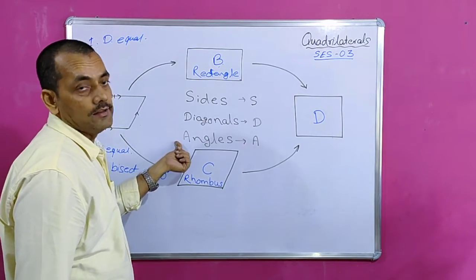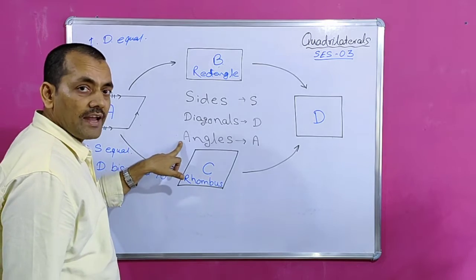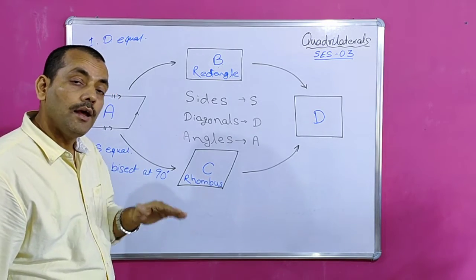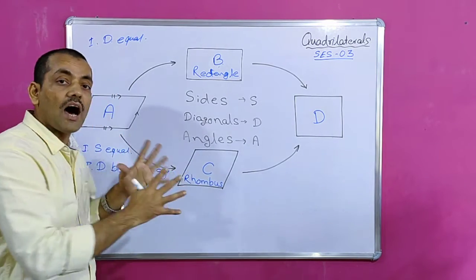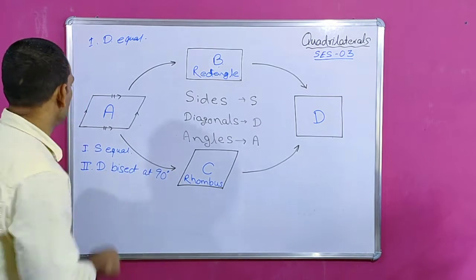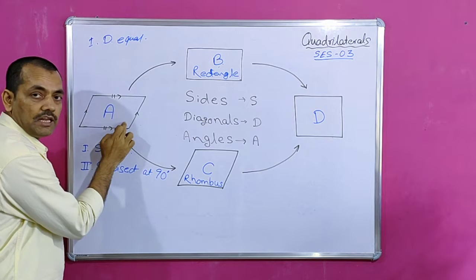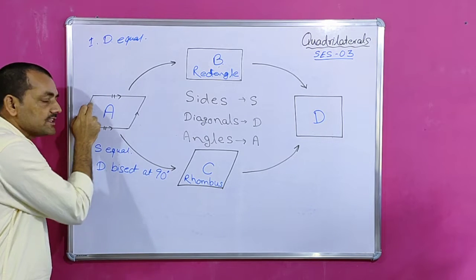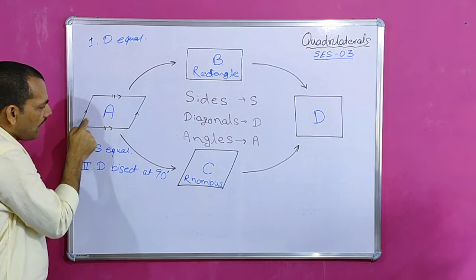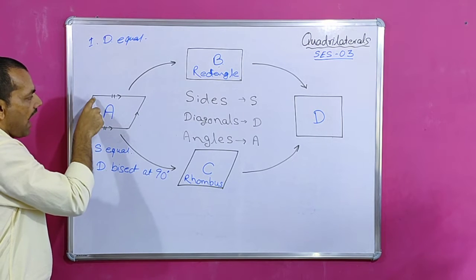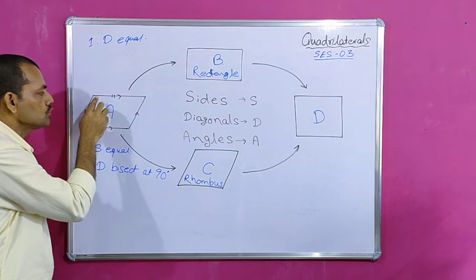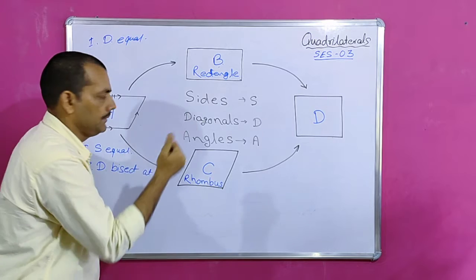Now in case of angles, if all the angles are equal: in a parallelogram, opposite angles are equal, but not the adjacent angles. So if these two adjacent angles are equal, and these two add to 180 degrees, automatically it will become 90 degrees.